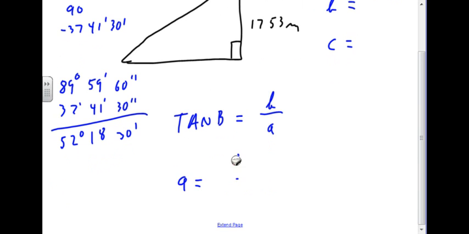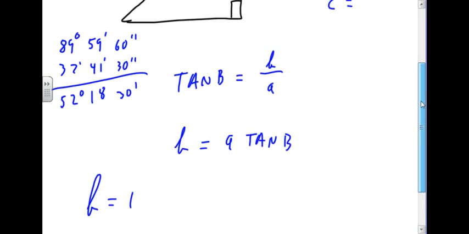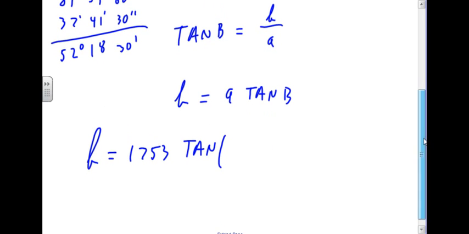Bummer. I know A. So B is equal to A tangent B. All right, so that's what I'm going to do. So B is going to be 1753 tangent 37 degrees 41 minutes 30 seconds.